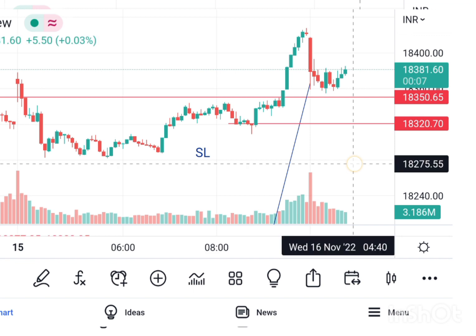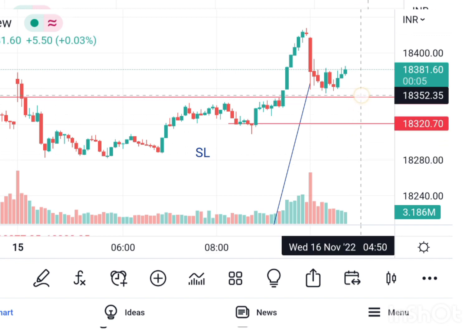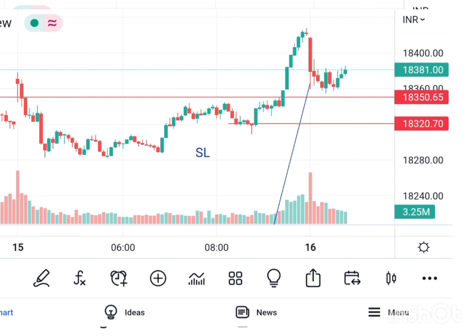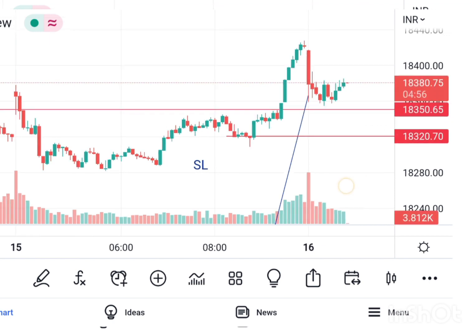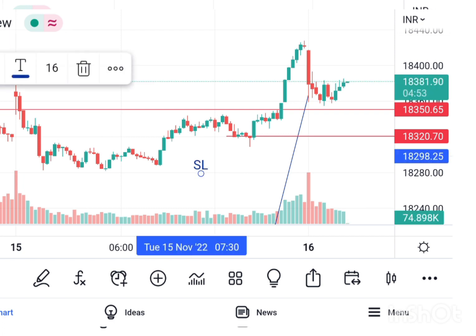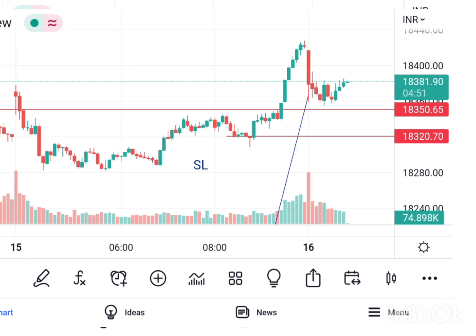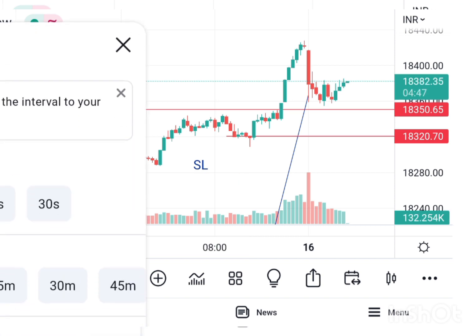I'll trail my stop loss here in case it goes up above the closing. And the reason that I kept this as my stop loss is because of this doji candle here.